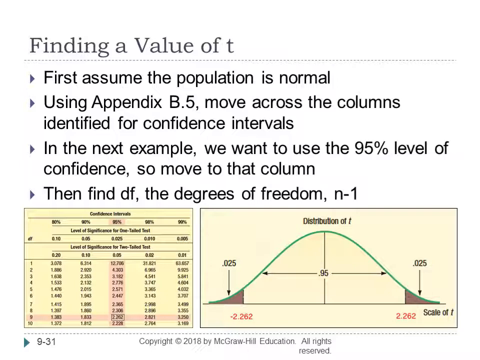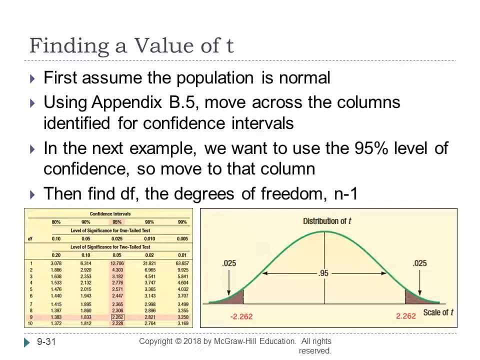Here is how you use the table. Move across the columns identified for the confidence interval. You can look at the table. There are different levels of confidence: 80, 90, 95, 98, and 99.